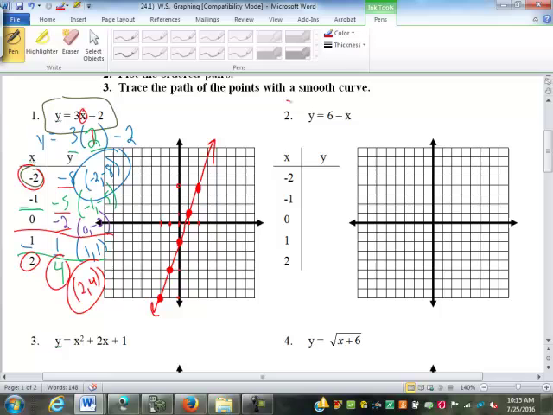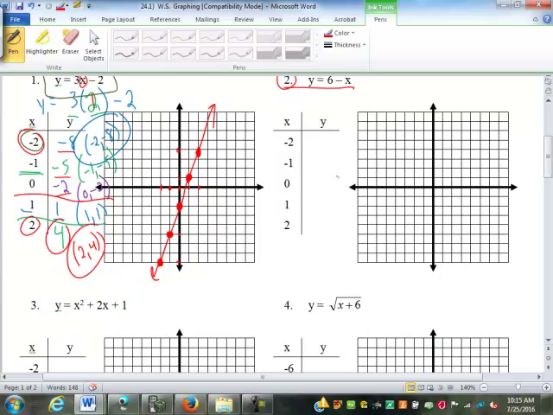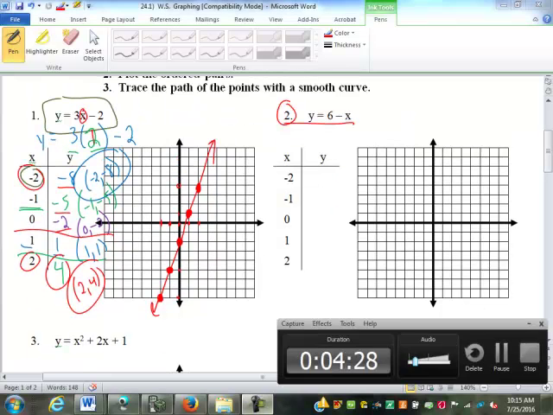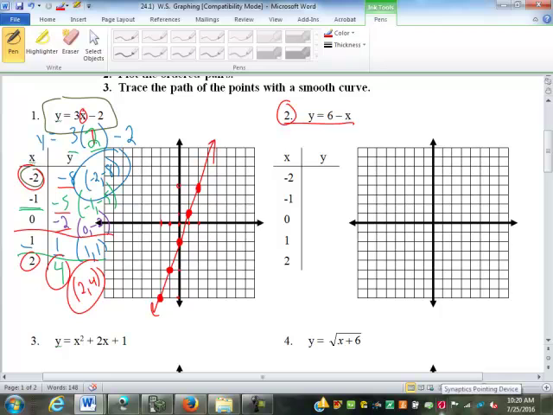So what I want you guys to do is number 2 here. Fill in the table, plot the points, and figure out what it looks like on the graph. Okay, so for this one, did you end up with something that looked like this?